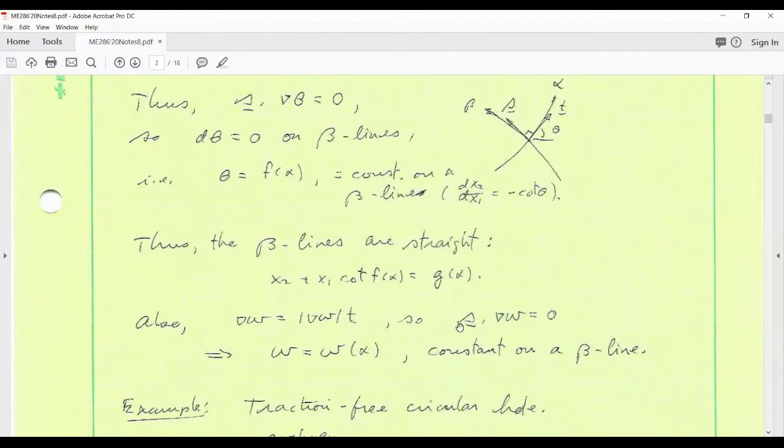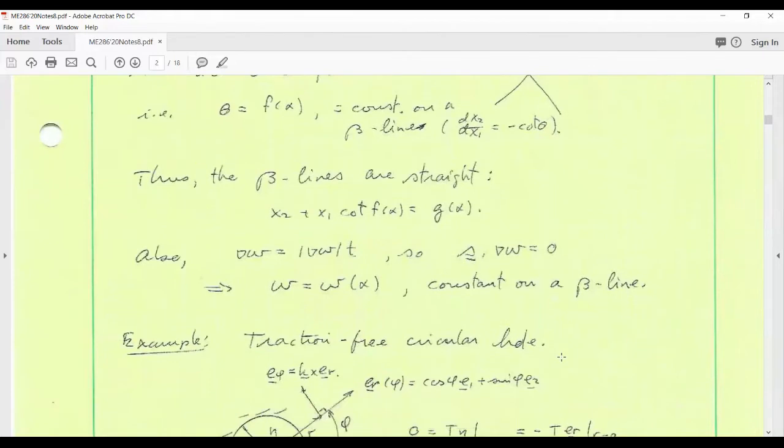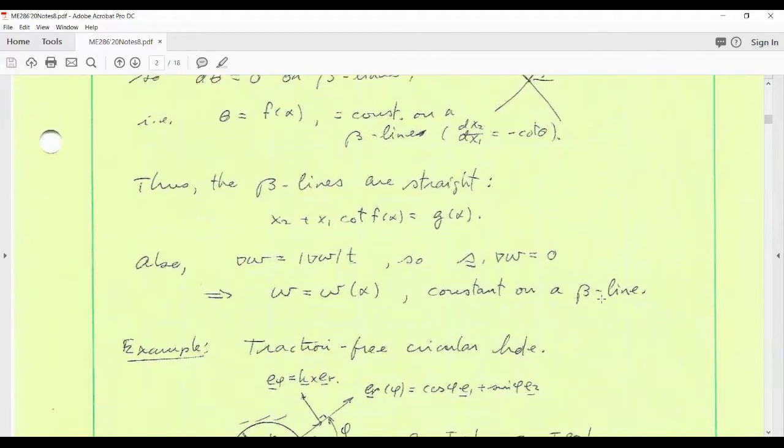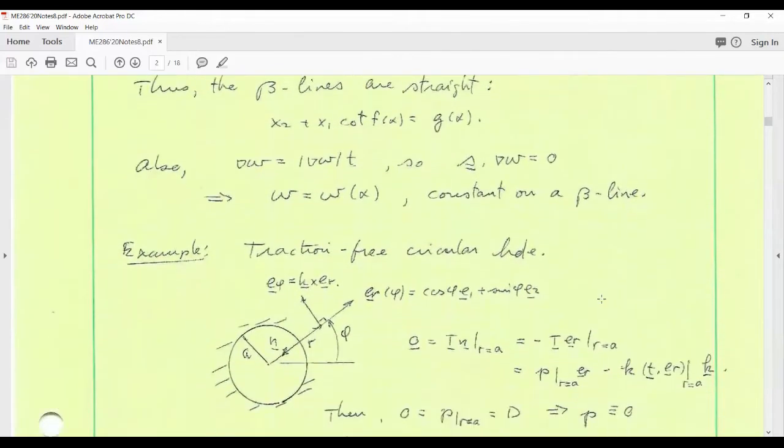This again is the directional derivative along the beta line. That says that that's 0. So w is independent of beta. It's only a function of alpha. So it's constant again on a beta line. And that's the general velocity field that's consistent with equilibrium in the anti-plane case.